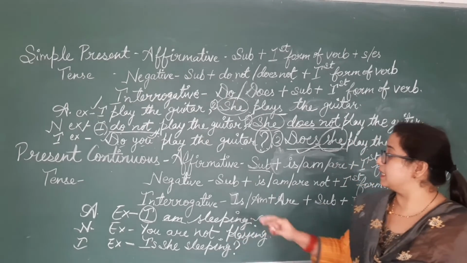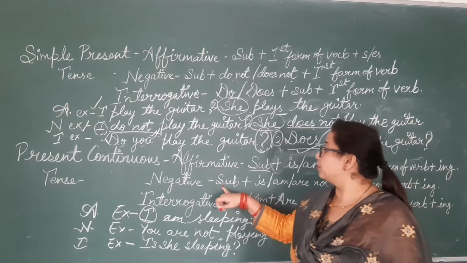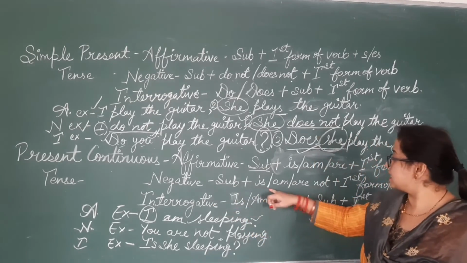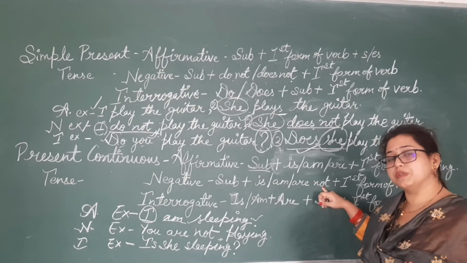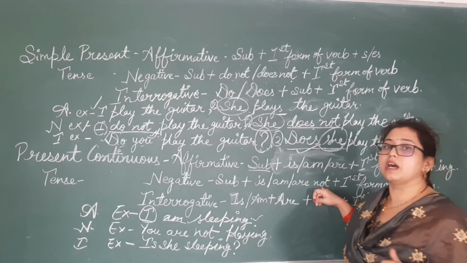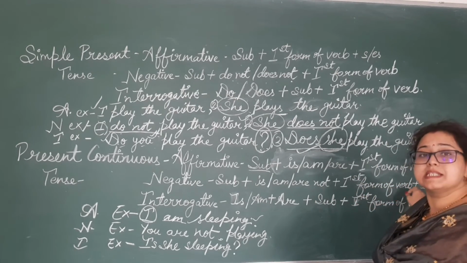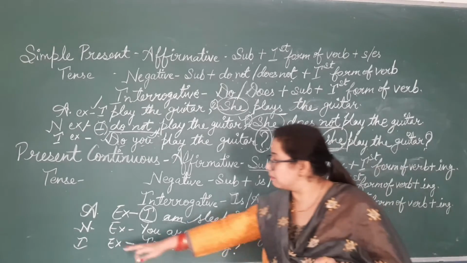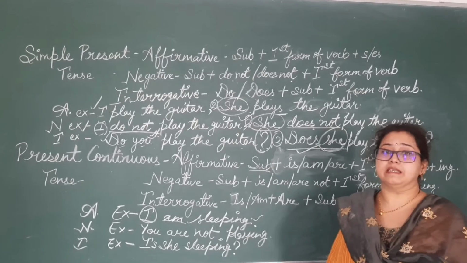Let's talk about negative. Negative means no, in minus. The formula is subject plus is, am, or are, plus not. We write not with our helping verb, and then the first form of the verb plus ing. An example of negative is: you are not playing.